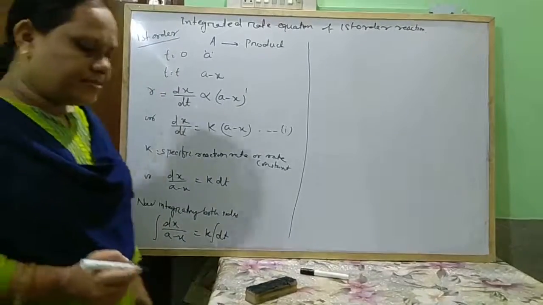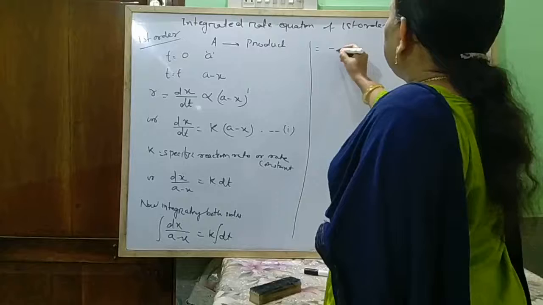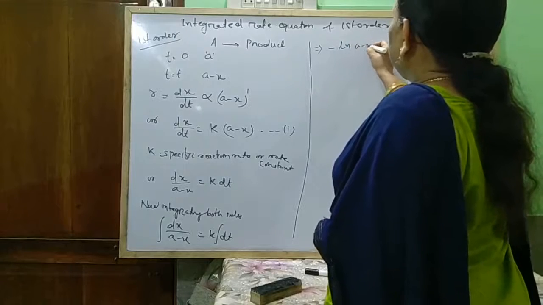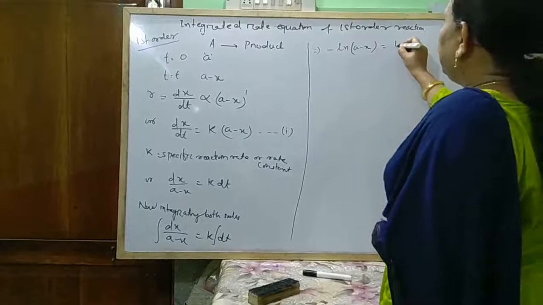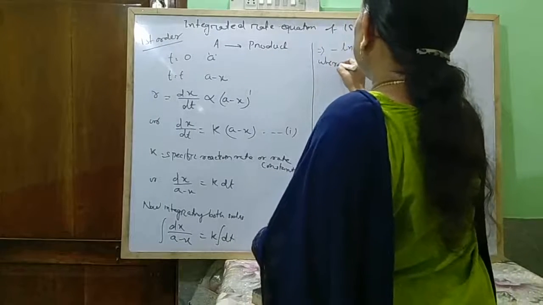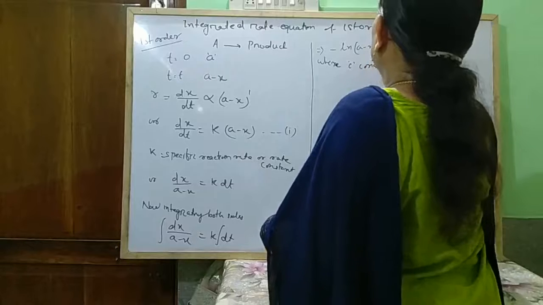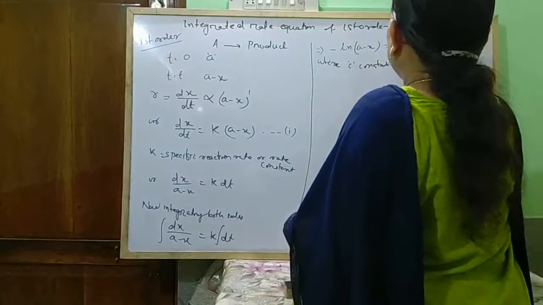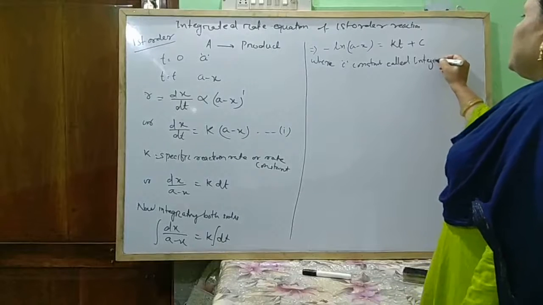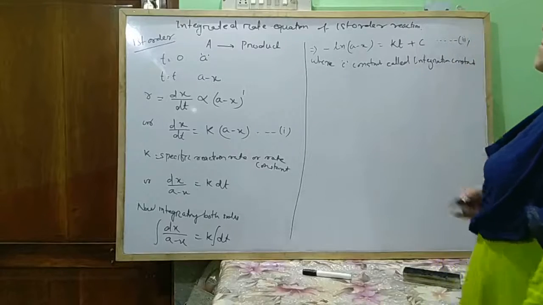Look here: the integral of dx by a minus x is minus ln a minus x, equal to kt plus c, where c is a constant called the integration constant. Suppose this is equation number 2.